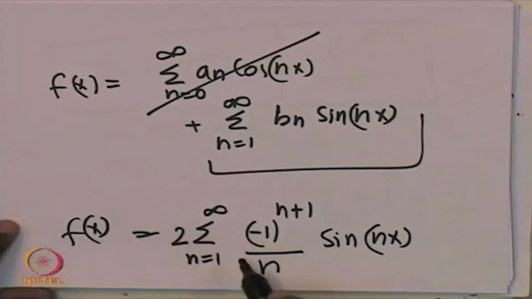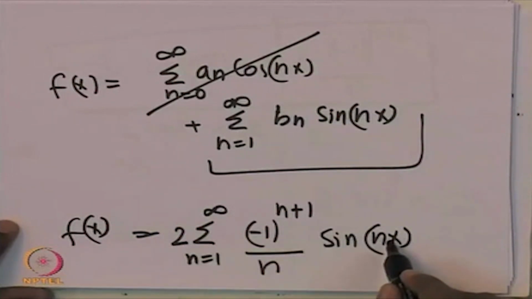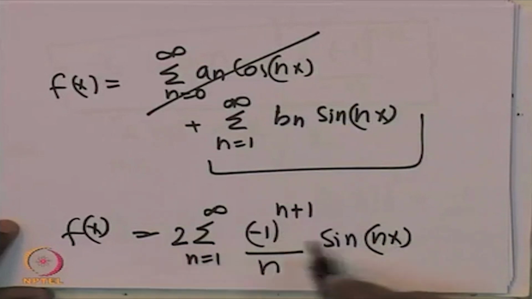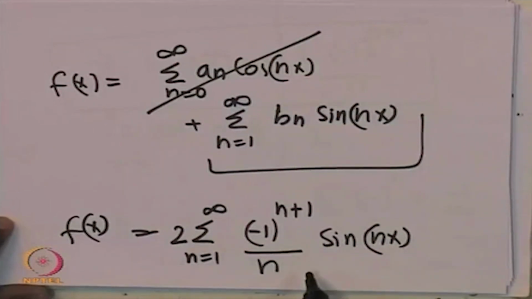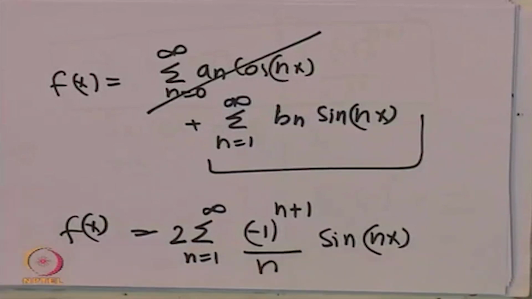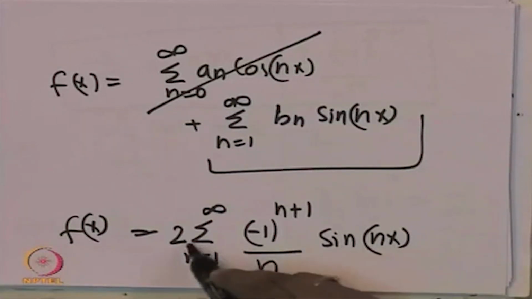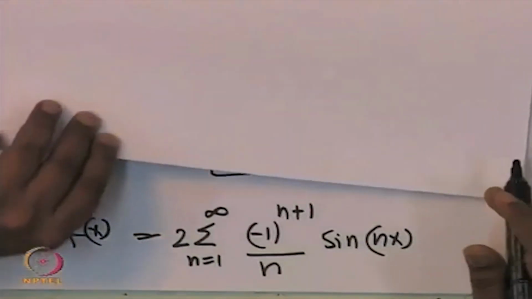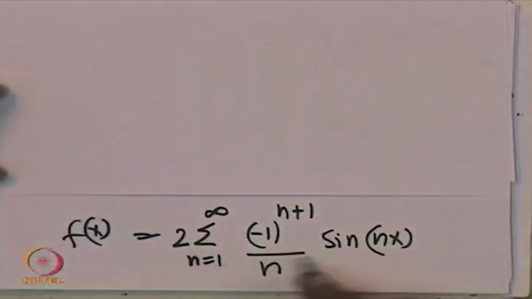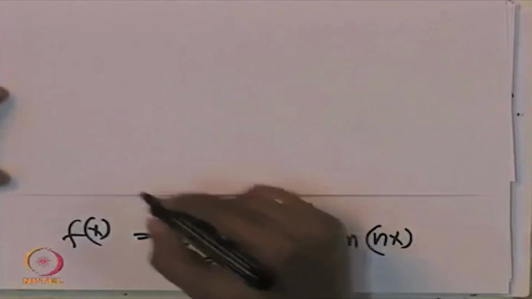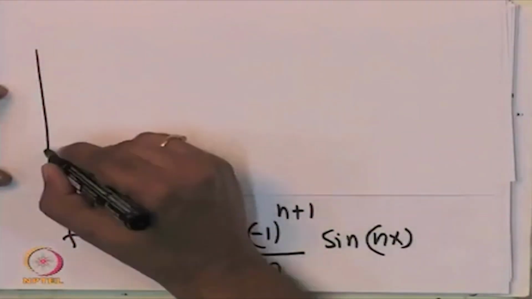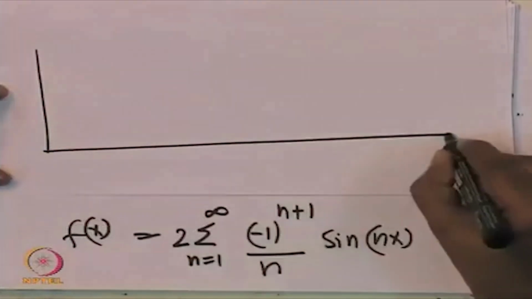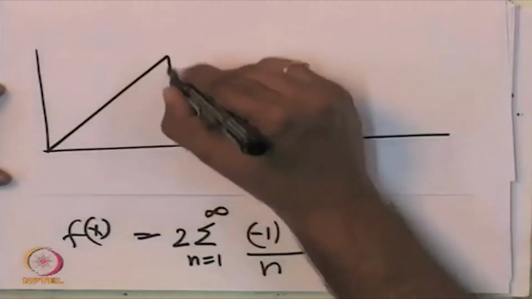So, f of x can be written as 2 into sum over sin n x times minus 1 whole power n plus 1 by n. So, this is an infinite series. There are many terms, but the claim is that if you sum this series, you will get this. If you do this sum infinite times, you will get this sawtooth like pattern.